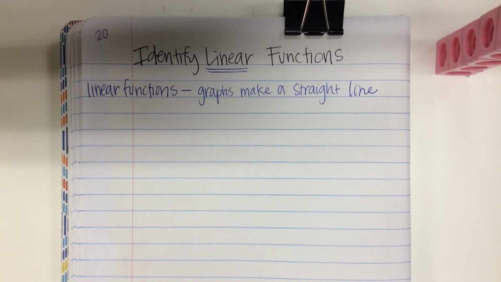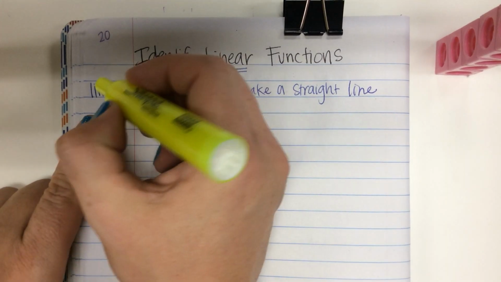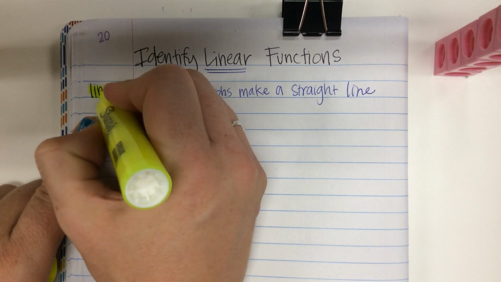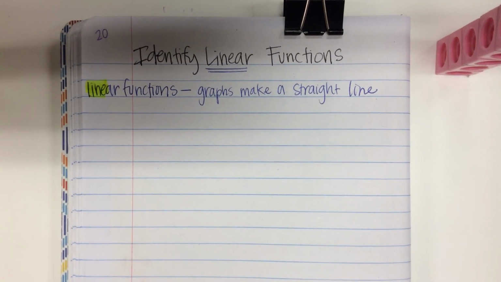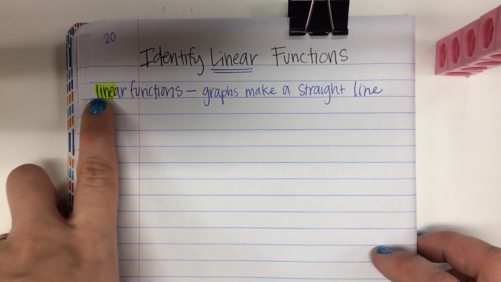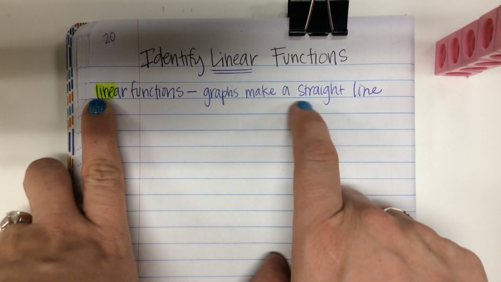A linear function, a graph, makes a straight line. And you know me, I'm going to highlight that line is in the word linear. So a linear function is a line. It's a graph that makes a straight line.